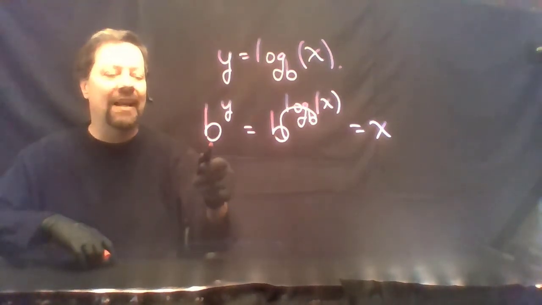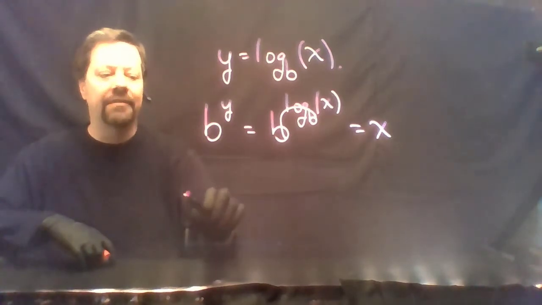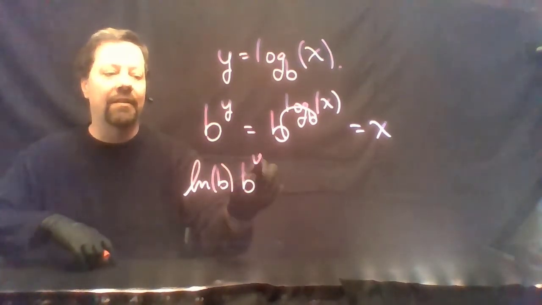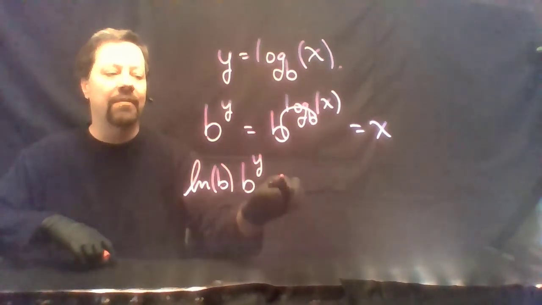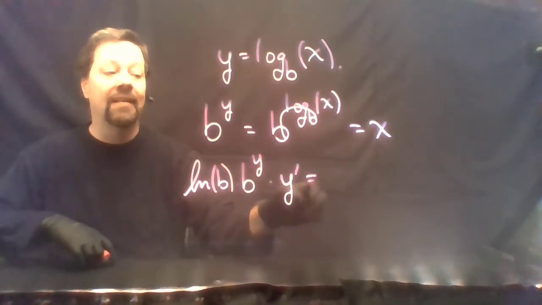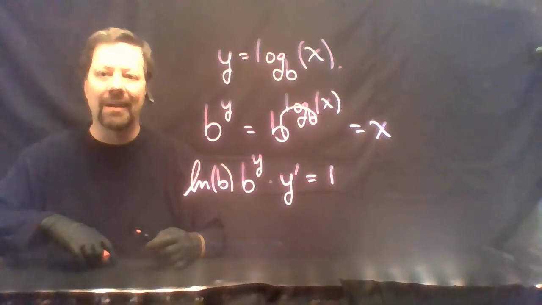If we apply the chain rule to the left-hand side, the derivative of b to the power of is the natural log of b times b to the power of. But then, by the chain rule, we need to multiply by the derivative of the inside function, and that's y prime. On the right-hand side, the derivative is merely 1.